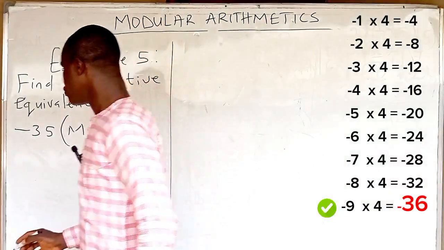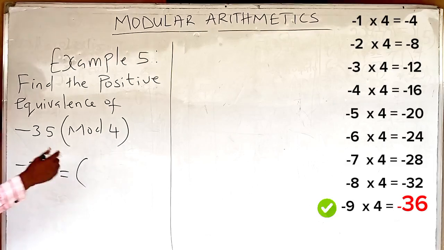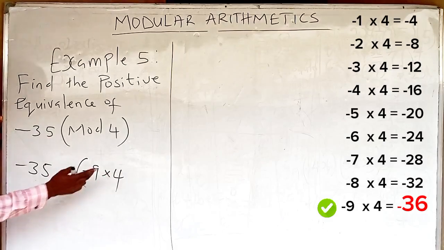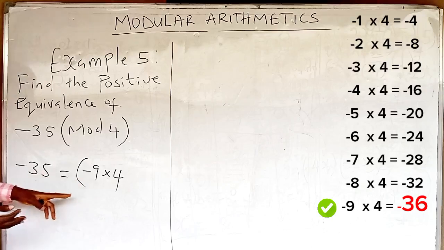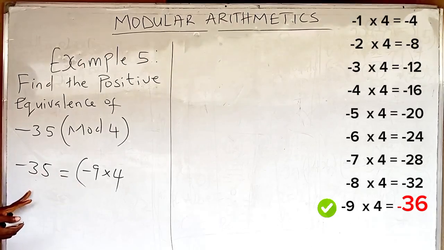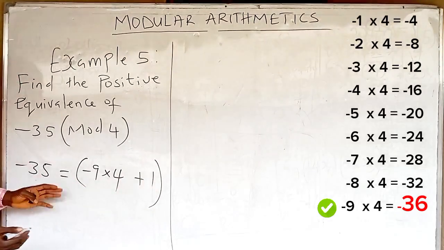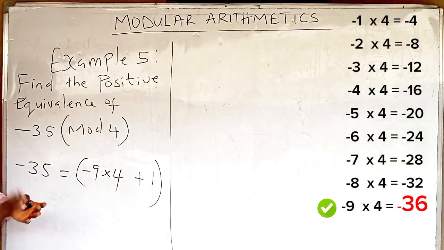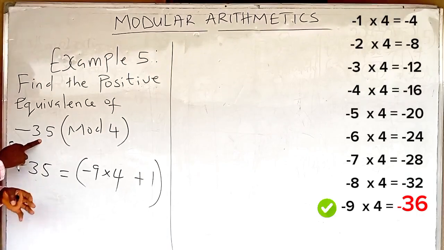Minus 9 times 4 will give us minus 36. So I'm going to write minus 35 to be equal to minus 9 times 4. So minus 9 times 4 is going to give us minus 36. To bring back the number to minus 35, I'm going to add 1 to it. Remember, minus 9 is the first negative integer that I multiply with 4 that gave me a number that is less than minus 35.